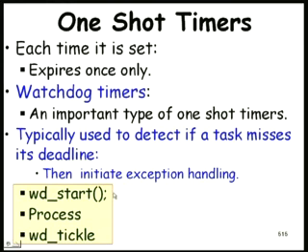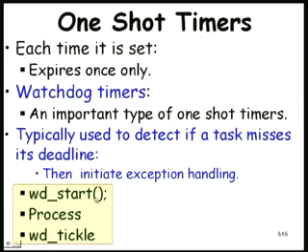So, this is the typical structure of a real time task. You first set the watchdog timer, this is the system call, set the watchdog timer. Let us say we start the watchdog timer for 10 millisecond. The watchdog timer will expire only once after 10 millisecond, and if the process does not complete by 10 millisecond, then the handler routine here will be invoked. You have to attach a handler routine with a one-shot timer that I have not shown here.